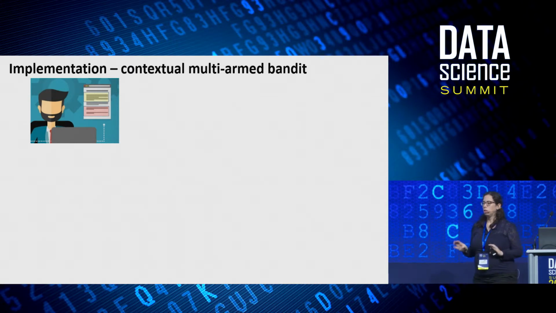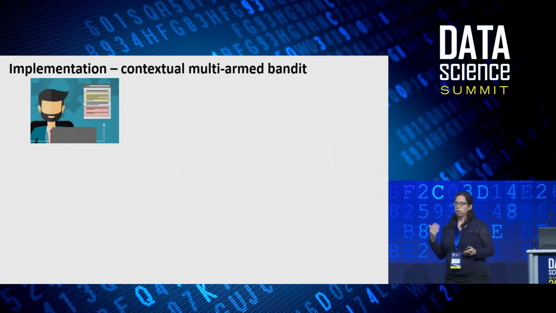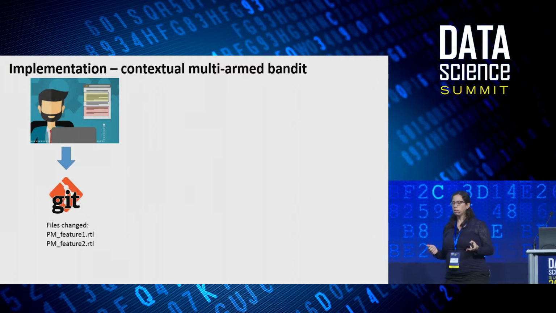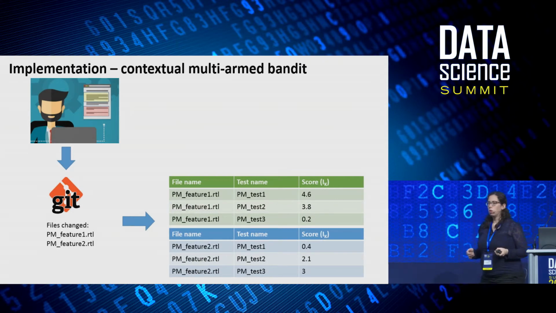It's a small change. It's a contextual multi-arm bandit, because we use the files that were changed as features to the model. In this case, if Omer did some change for the feature in the power management, we can collect data from Git and understand which files were changed. In this case, 2 files. For each file, we can create a table which holds the relation between test to file.